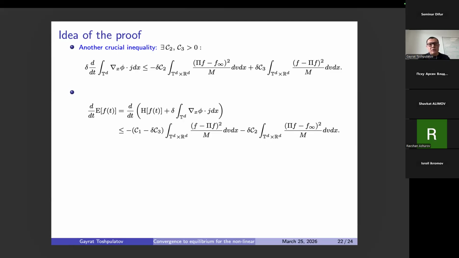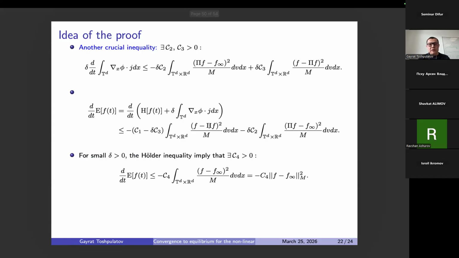If delta is small, this constant is positive. We have two terms, f minus Pf and Pf minus f infinity. If this constant is positive, we can use the Holder inequality on these functions, because Pf can be cancelled, and we can get f minus f infinity.